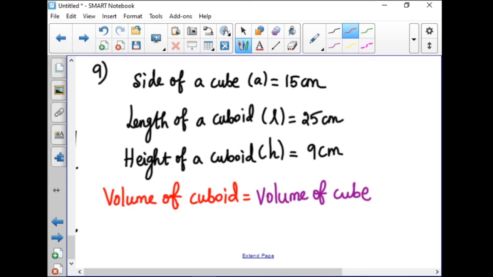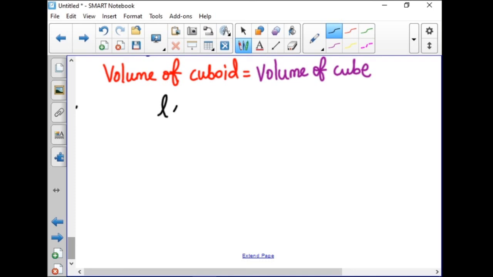Okay. So what is the formula for volume of cuboid? That is L into B into H is equal to volume of cube, which is A cube. So L is equal to 25, 25 into breadth, we don't know, so we can take it as B, and height is equal to 9, that is equal to A cube.